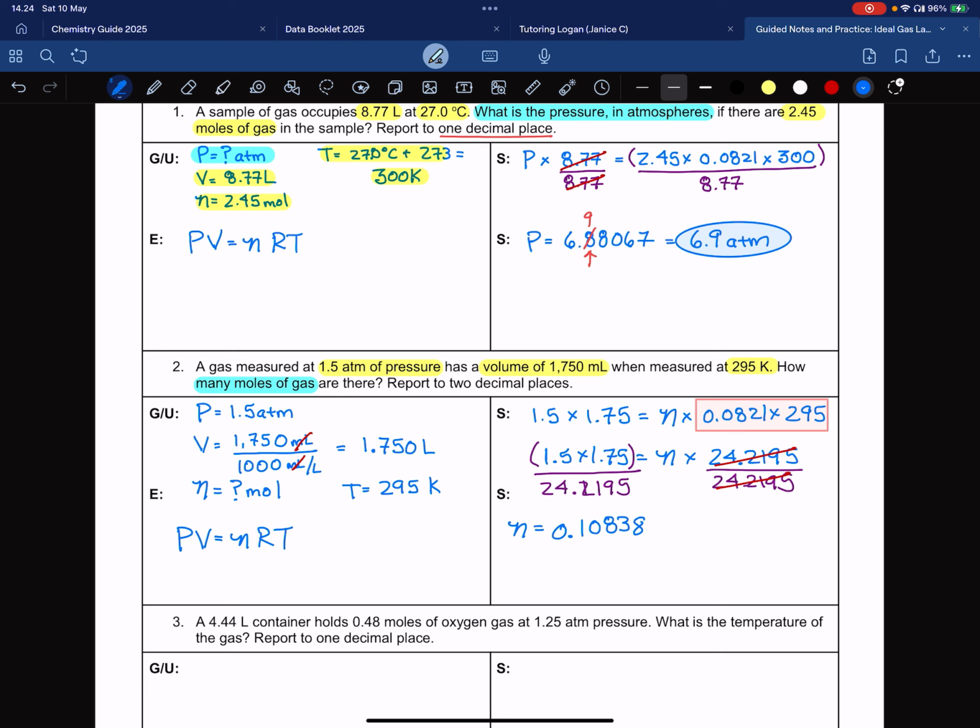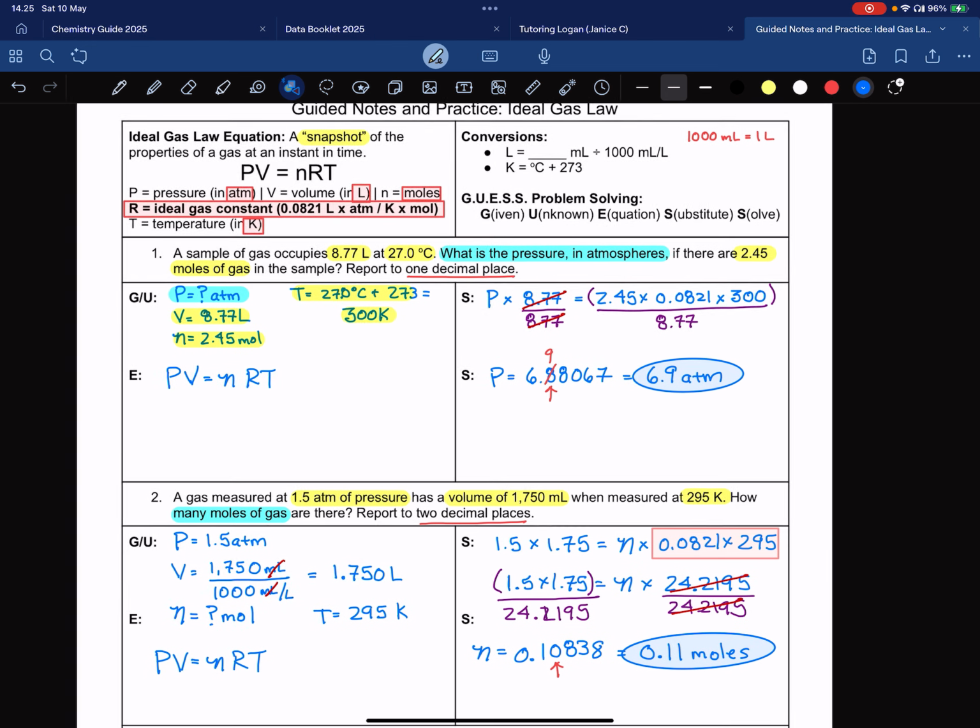I want to have two decimal places. This is my second decimal place. I look at the number behind it. It is bigger than 5. So I'm going to round this up, and it's going to end up being 0.11 moles. There you go, folks. That is how you solve ideal gas questions.